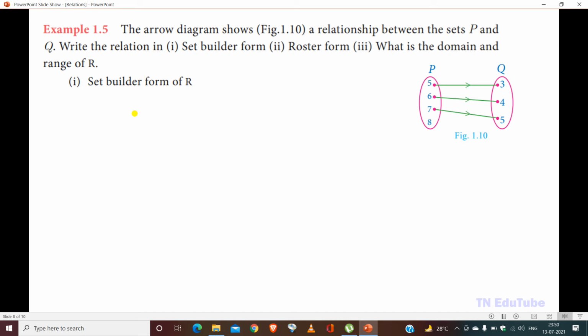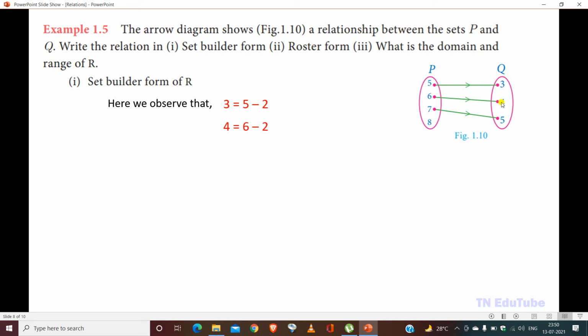So many relations are there. The common relation is that the element in Q, that is 3, is formed by 5 minus 2. When you subtract 2 from 5, you get 3.